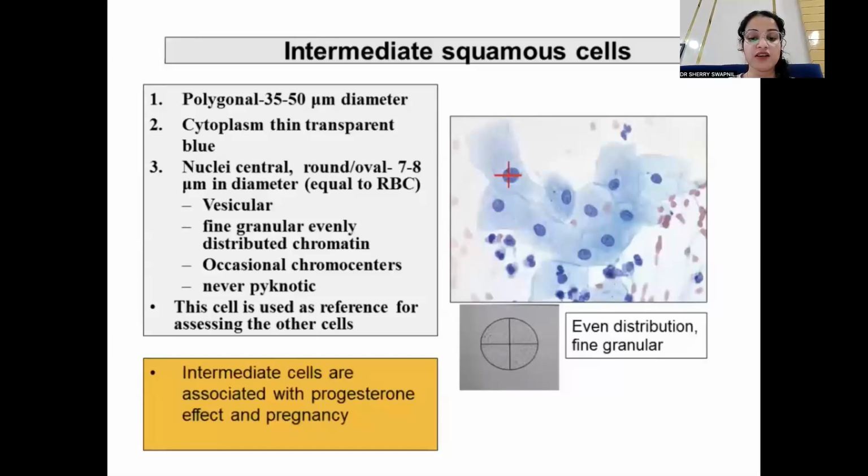As you can see, the chromatin is evenly distributed, and there is no nuclear membrane irregularity. You can follow it with the help of a cursor. The line of the nucleus is not showing any irregularity, it is smooth. So these are the features that we should know if we have to compare with atypical cells. Next please.